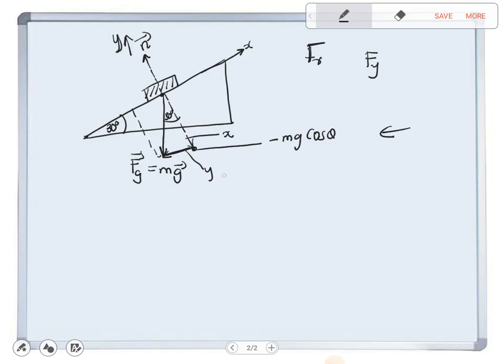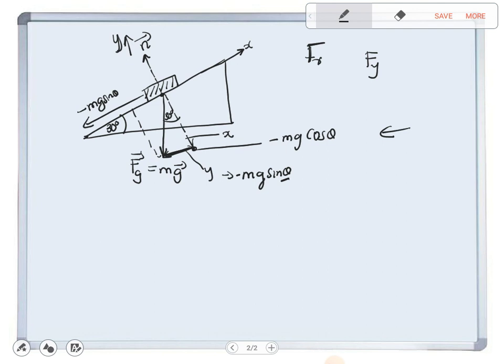So this one will be negative mg sine theta. But this is parallel to this plane here. That means the force acting like this is the same thing as this one here, because they are parallel. Remember, parallel, they are equal. So we've seen how we've resolved them.